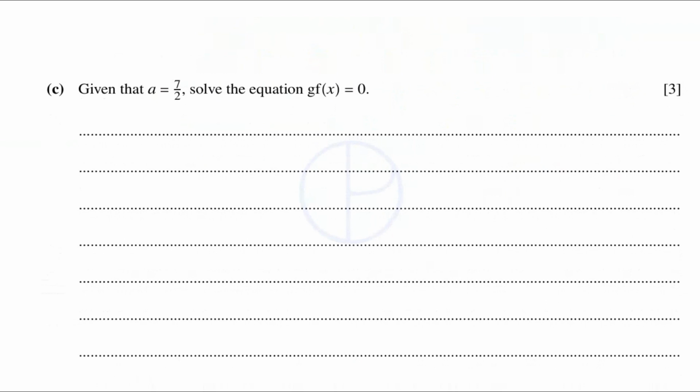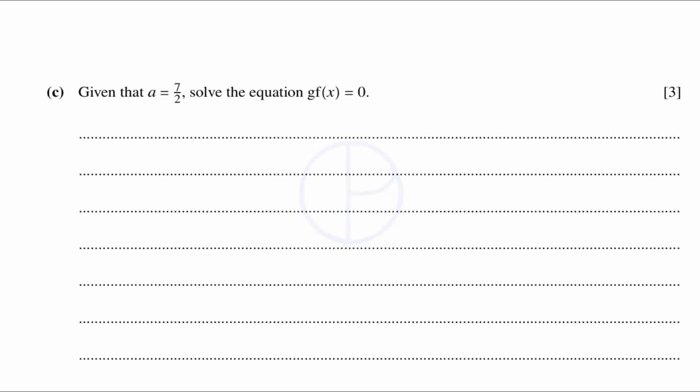The next part of the question is, given that a is equal to 7 over 2, solve the equation g f of x equal to 0. Let's find out what is g f of x. Okay, so g of x is 2x minus 1. So in that you have to substitute f of x.